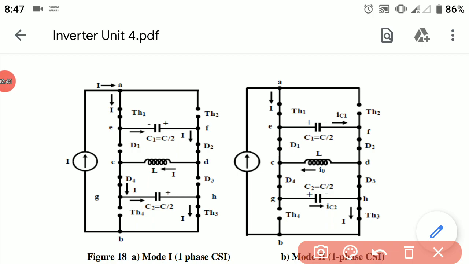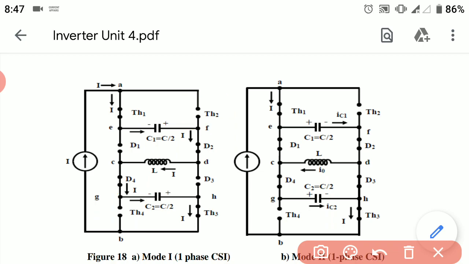So at time t equal to 0, thyristor TH1 and thyristor TH3 will work. The thyristors TH2 and TH4 have already been turned off due to reverse polarities across the capacitors C1 and C2.